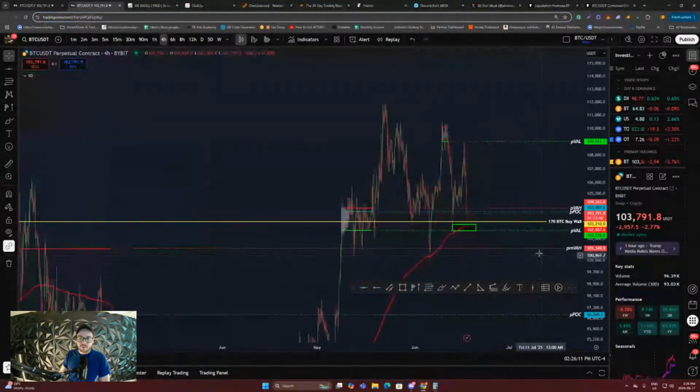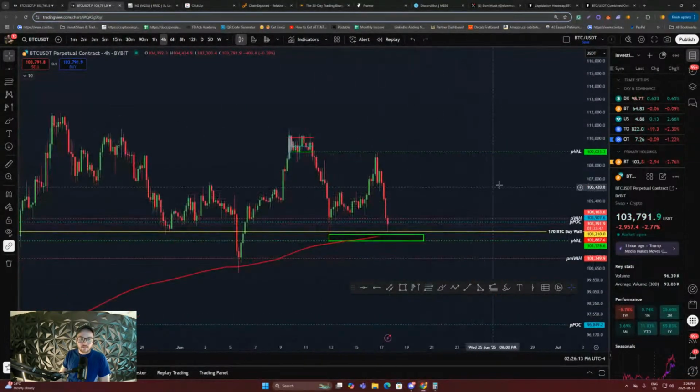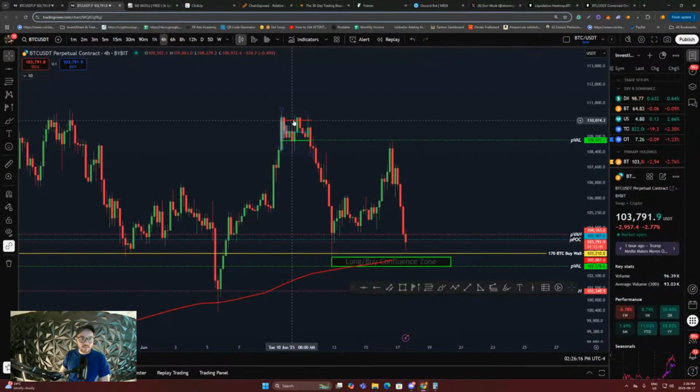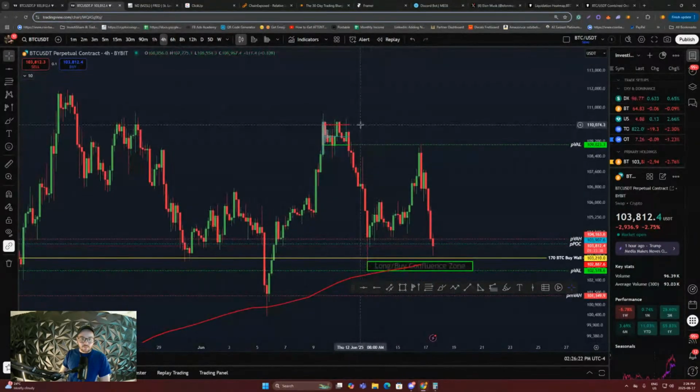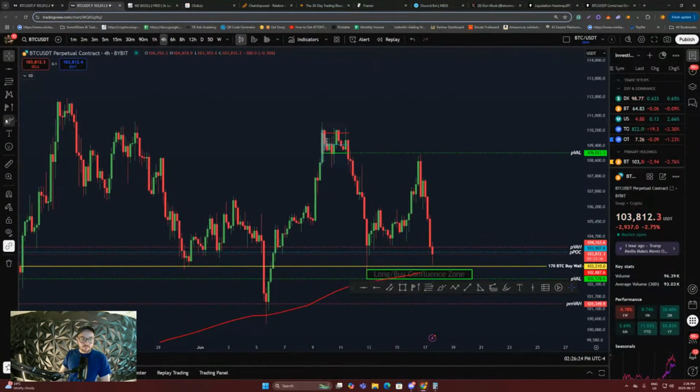And the funny part about that is that it was here at around, I think it was here, 110, where we saw 10,000 Bitcoin being brought into the market on Kraken. And then we started to break down, likely from Kraken selling.